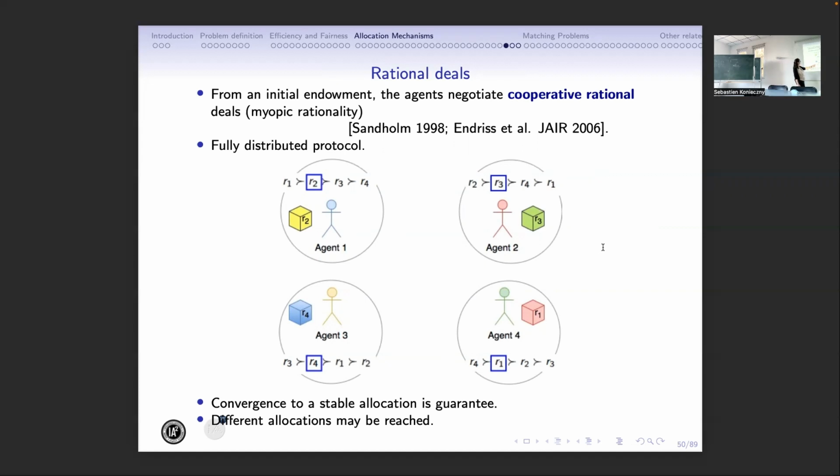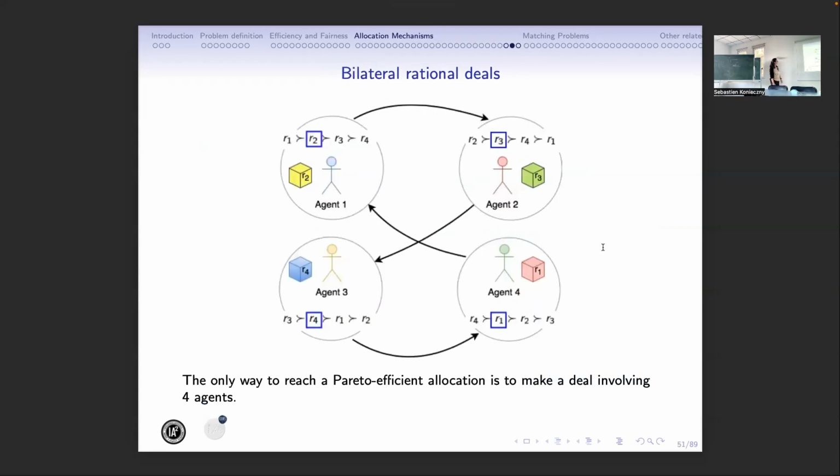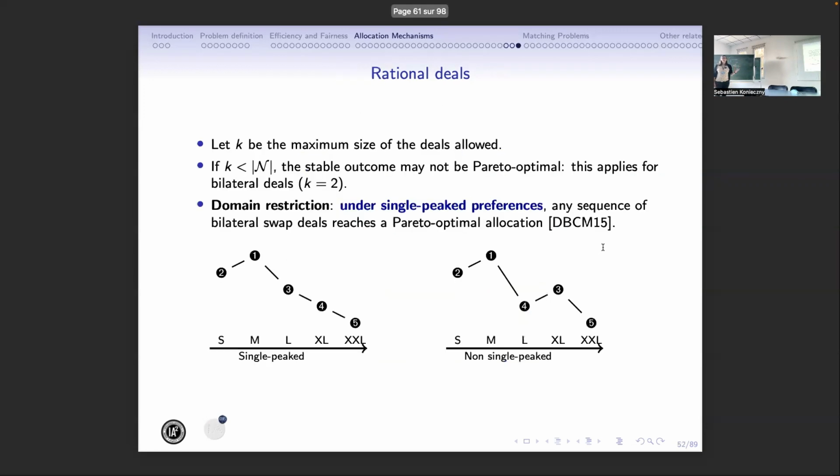In this case, the allocation is not Pareto optimal, and the Pareto optimal allocation can only be obtained by an exchange involving all the agents, so the four agents. So with bilateral deals, convergence is guaranteed, but Pareto optimality is not guaranteed unless we allow for an exchange involving all the agents.